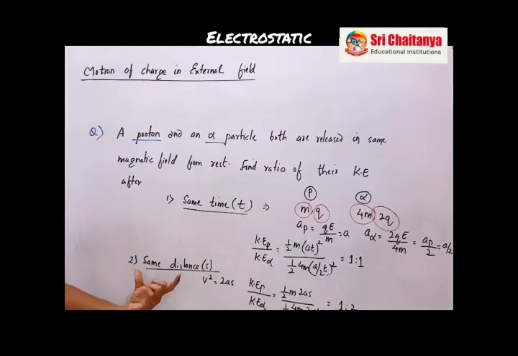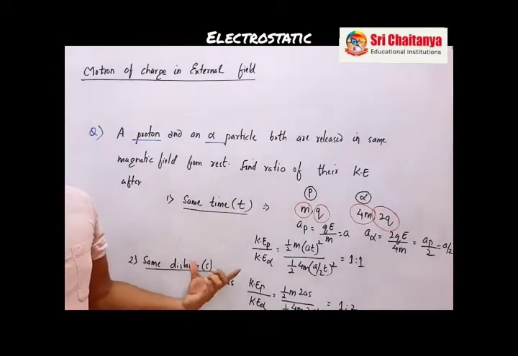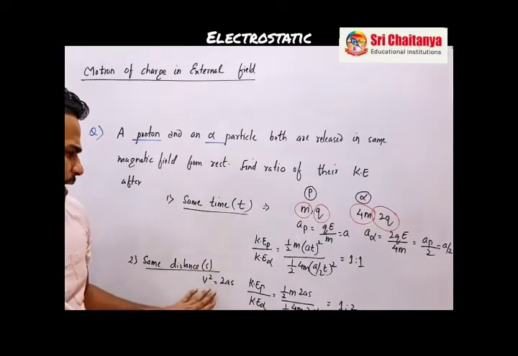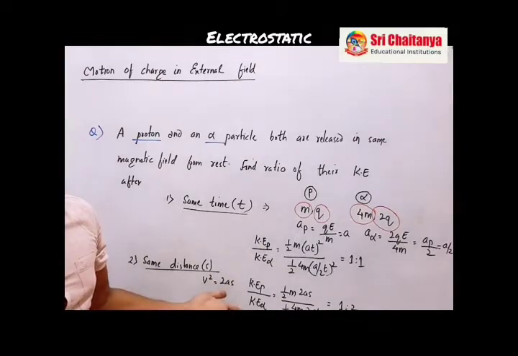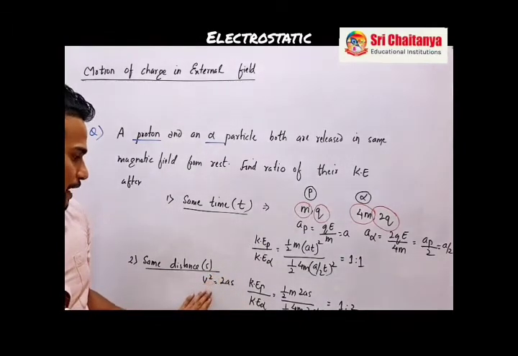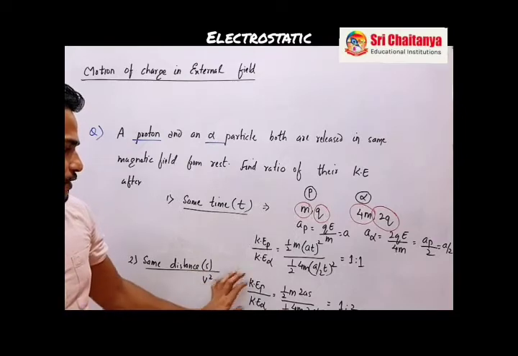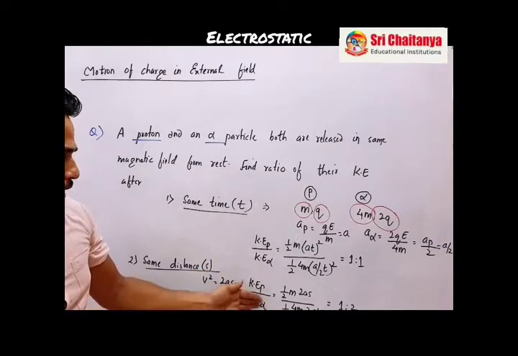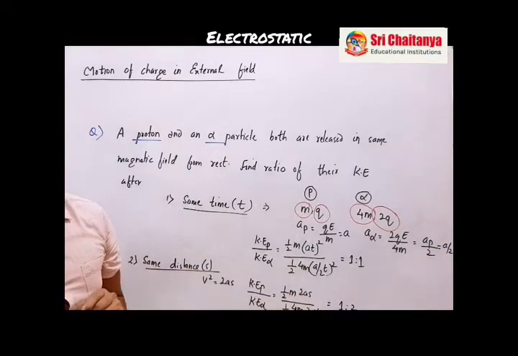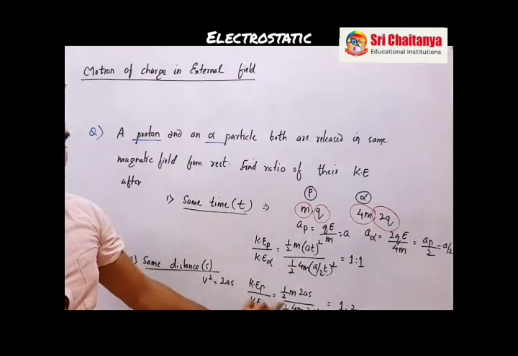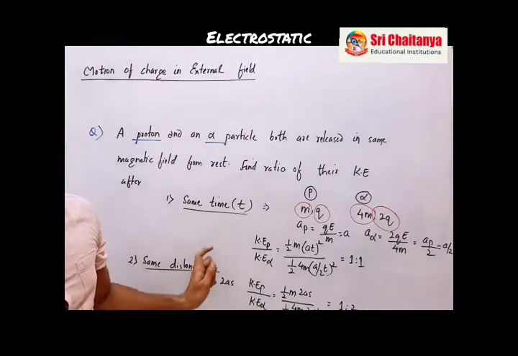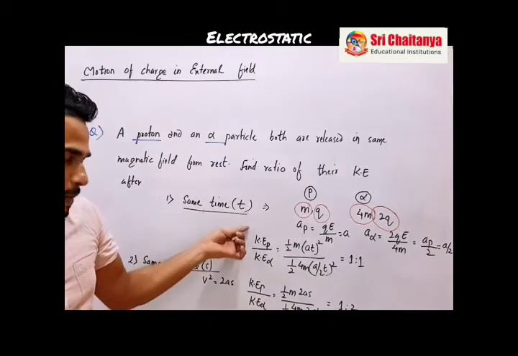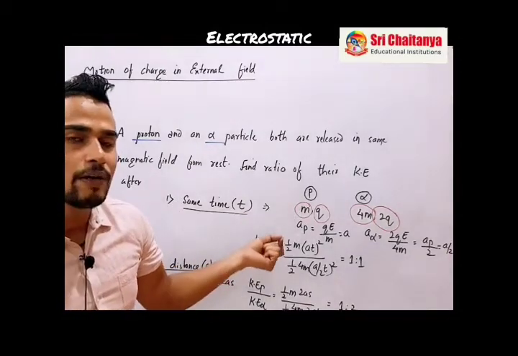Now in second situation, they are asking you after same distance s. So you'll be saying, sir, same thing, nothing new. But since they are asking you to find their ratio of kinetic energy after traveling same distance s, same half mv square you will use. But now you will use v square equal to 2as. Their time was same earlier, so that's why you used v equal to at.